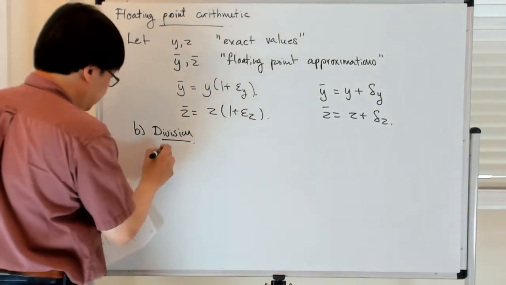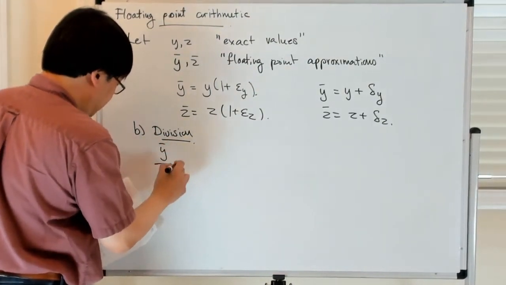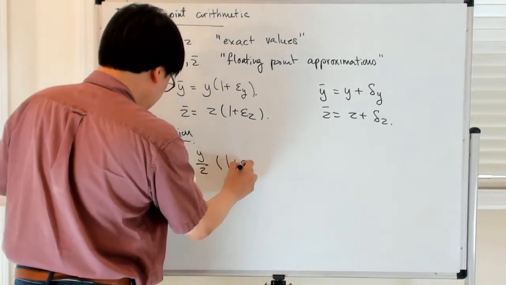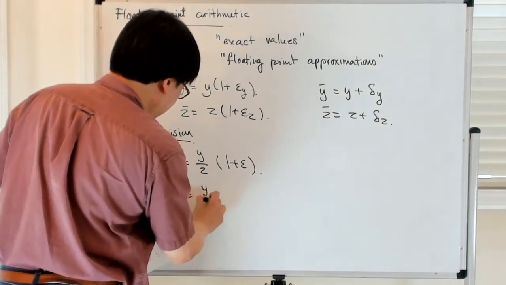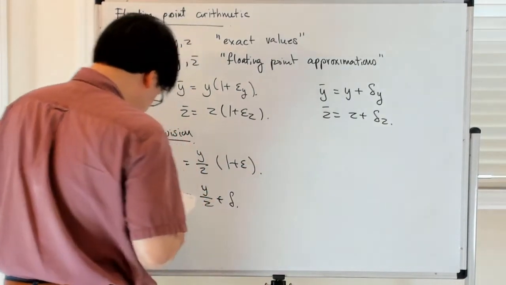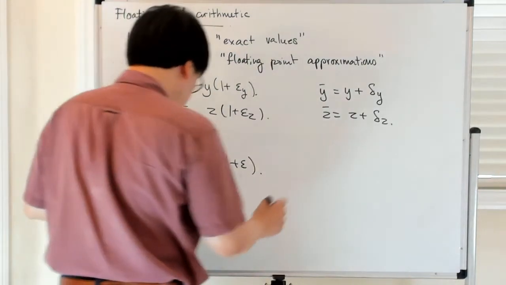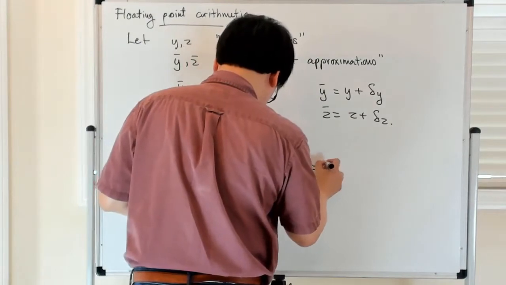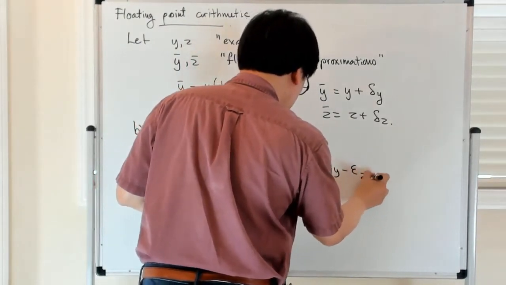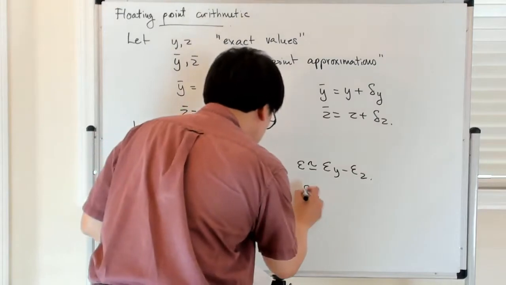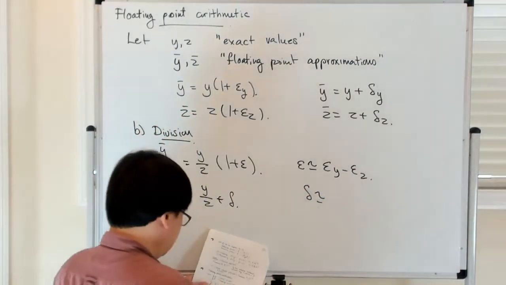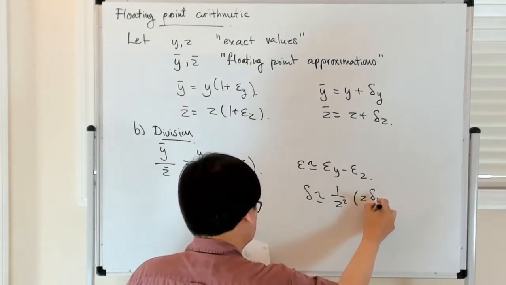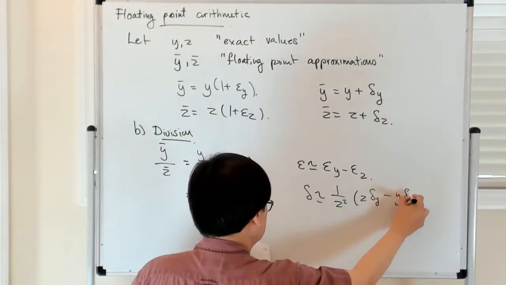We want to do y bar divided by z bar, and we want to write this as y over z times (1 + epsilon), or as y over z plus delta. Then you can check by the same kind of argument that epsilon is approximately epsilon y minus epsilon z, and delta is approximately 1 over z squared times (z delta y minus y delta z).